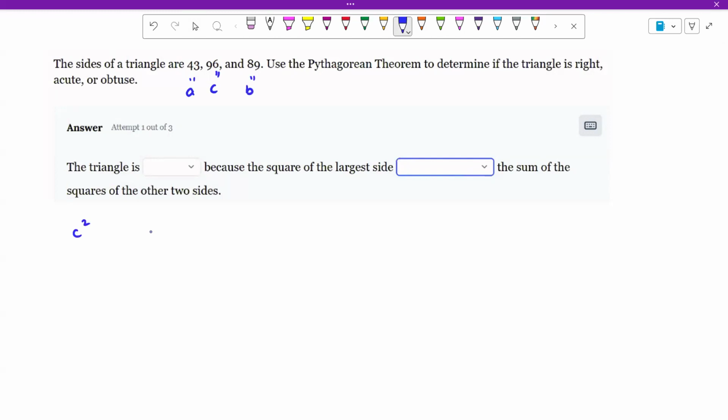So C square, which is 96 squared, is equal to 9216.